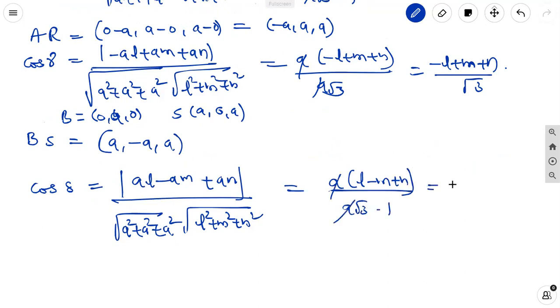A cancels, it is equal to L minus M plus N by root 3.